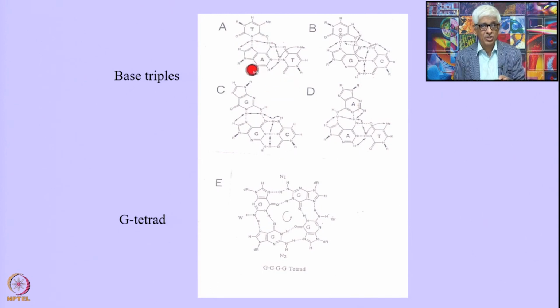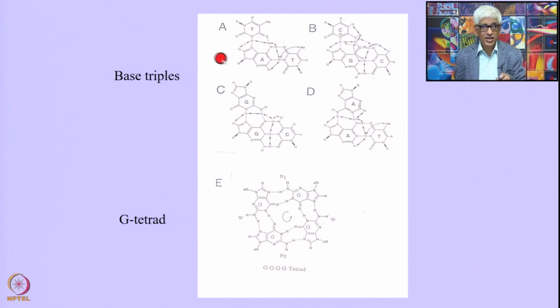See, here you have the normal Watson-Crick AT base pair, and here the normal Watson-Crick GC base pair, and on the top comes a 3rd base which is the T. So, you have a TAT triplet, this is called the base triple, TAT triple, and here it is a CGC triple.